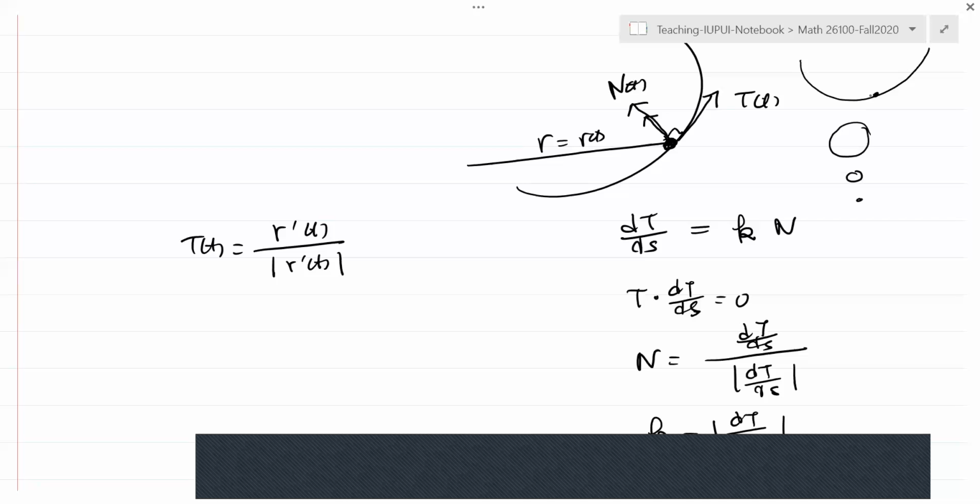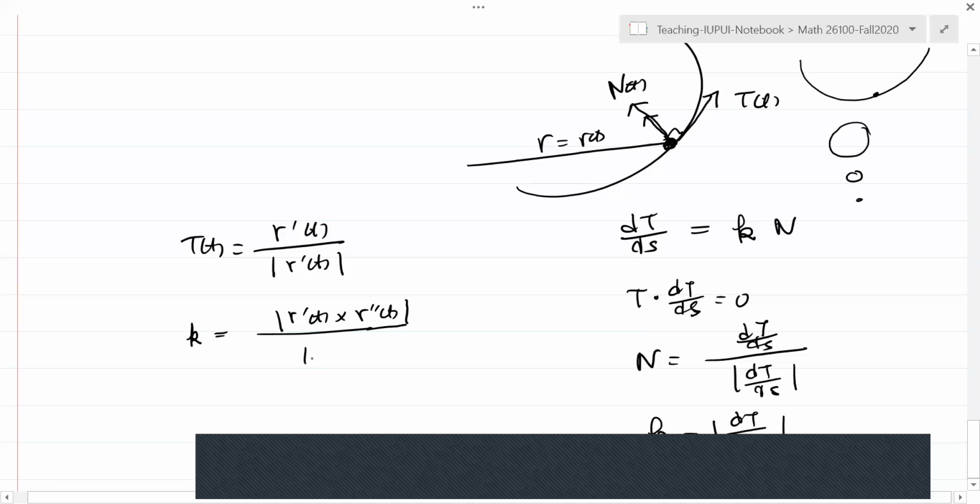For the normal vector, there's a formula here. And the curvature formula, if you use the arbitrary parameter, is going to be the cross product. You have to compute this cross product, okay?